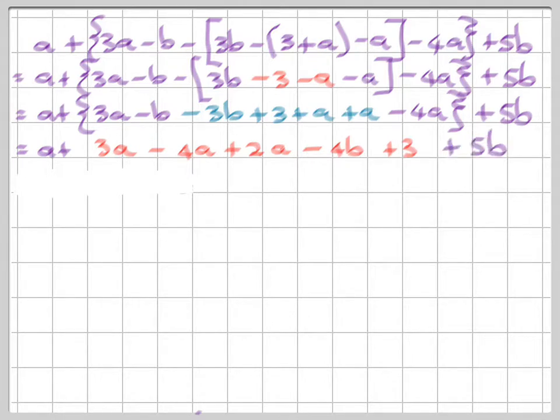And then we put our plus 5b on the end. That was all the simplification that took place there, gave us this here. Right, and then the last step is we just simplify our like terms, and we end up with 2a plus b plus 3. Right, so that should make some more sense to you.